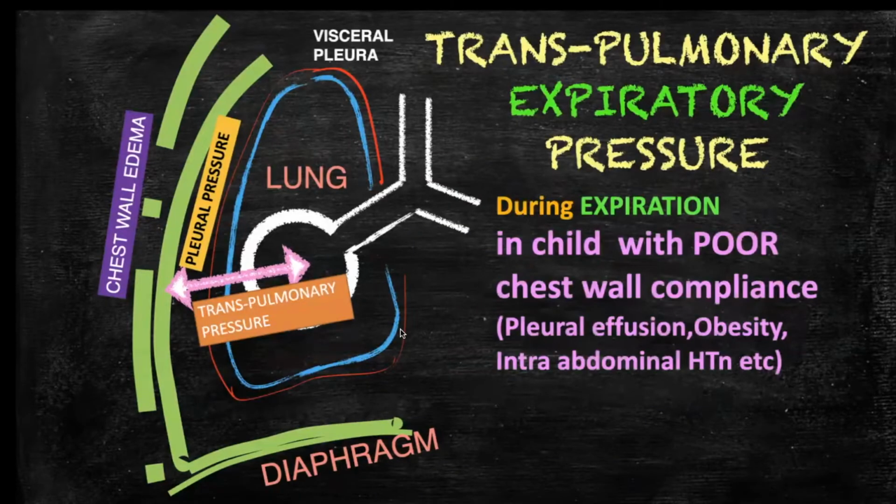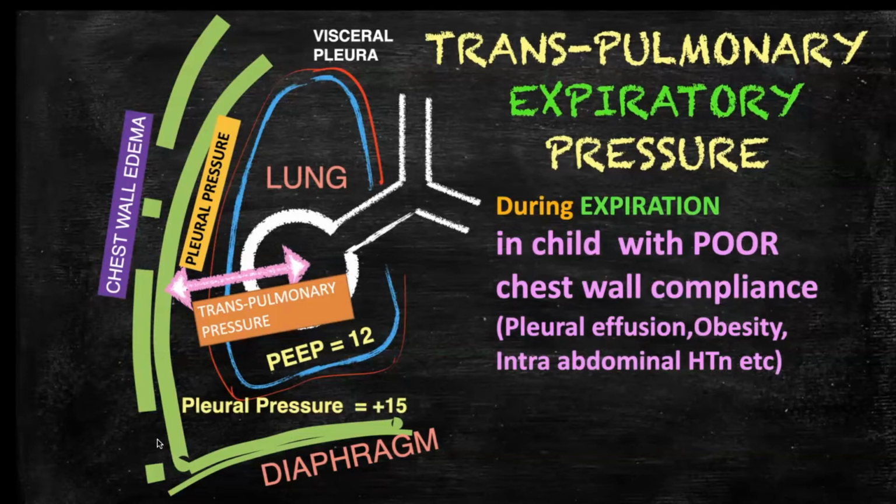So in a normal lung, in a patient with poor chest wall compliance, suppose you have applied a PEEP of 12. On the ventilator screen, the PEEP is 12, which is sufficiently high for any child. But suppose there was obesity, ascites, or poor chest wall compliance due to severe chest wall edema or intra-abdominal hypertension, and because of that, the pleural pressure in this child was plus 15 at the end of expiration.